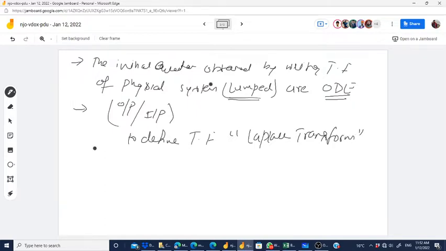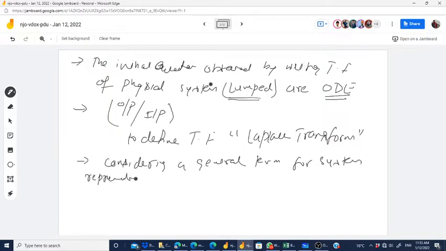Laplace transform. Okay, so let's say considering a general term, we are considering a general system representation. Let's say I'm going to represent some system where x_i(t) is the input, and x_o(t) is the output.